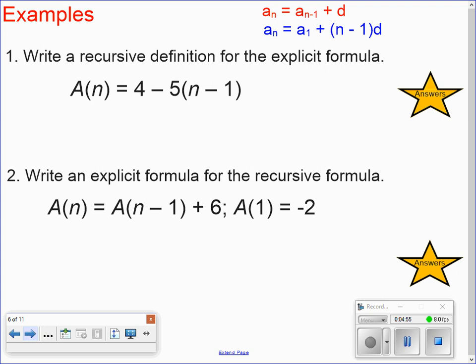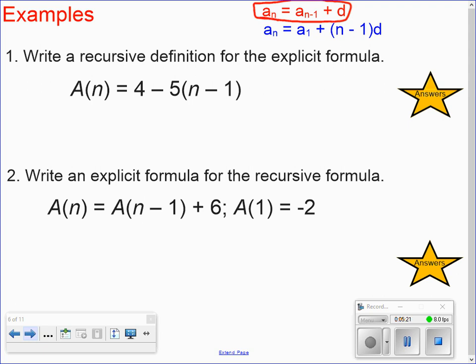Okay, let's look at a couple of examples. So we want to write the recursive definition for the explicit formula. Here we're given the explicit formula: a sub n equals 4 minus 5 times n minus 1. So remember that our recursive formula is this top one right here. And if you recall from the previous video, the only thing that you really need for the recursive formula is that common difference.